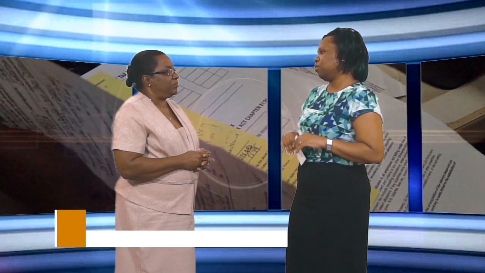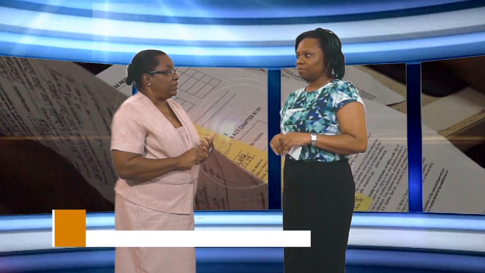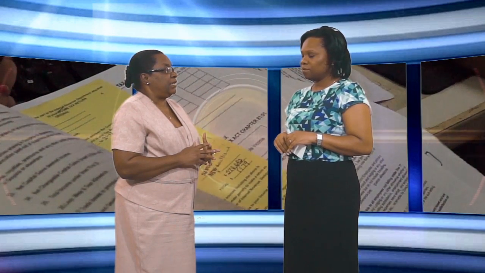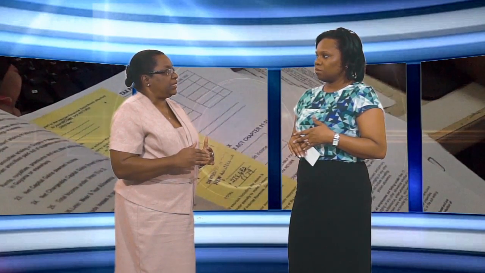When is the allowance given to individuals? The allowance is given to individuals once they're employed on a daily, weekly, fortnightly, and monthly paid basis. For example, with the statutory allowance of $600,000, to find the free pay for a monthly paid worker, you simply divide that by 12.